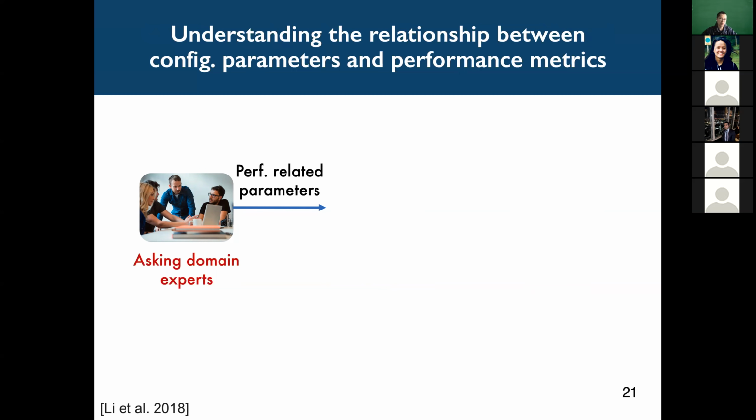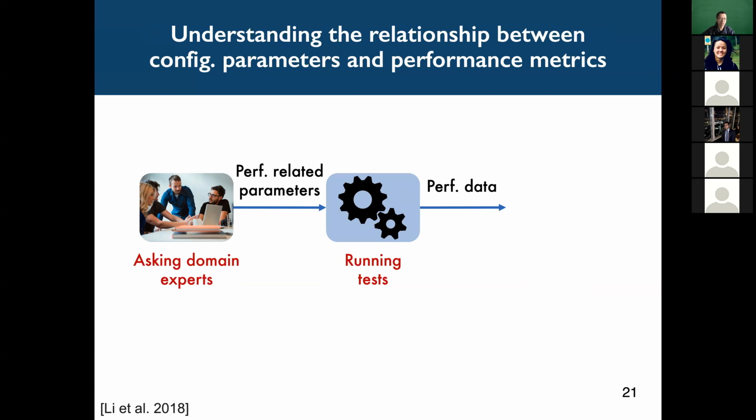The domain experts provided us a list of parameters, right? Some of them may actually impact the performance, some of them may not. Different domain experts may have different opinions. So we need to verify the results, right?